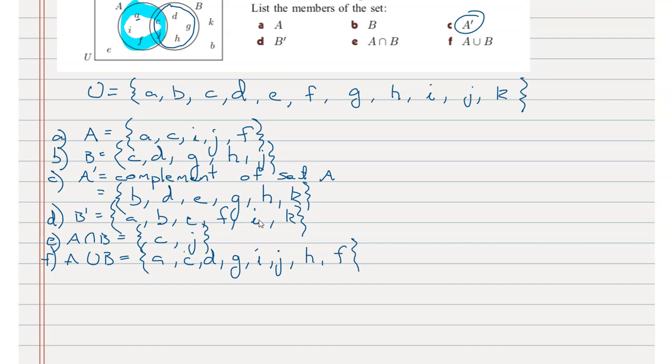Perfect. So the union of A and B is A, C, D, G, I, J, H, F, or everything inside either circle A or circle B.